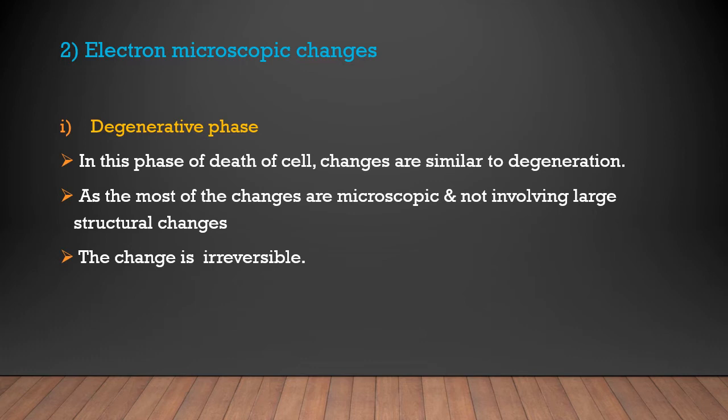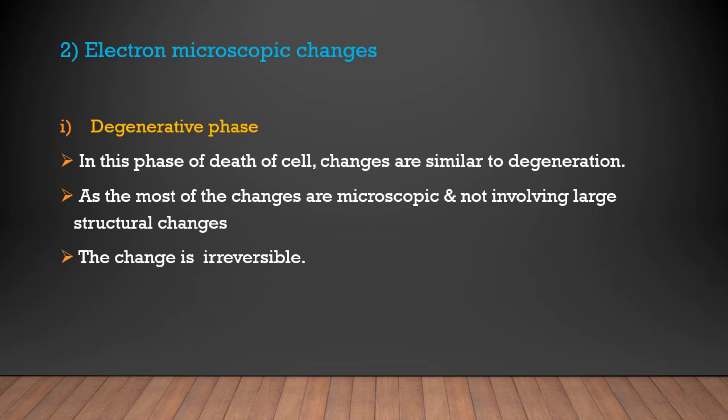Most of the changes in the degenerative phase are microscopic and do not involve large structural changes, and the changes are reversible if treated in time. If not treated in time, the changes become irreversible. So treatment in time is most important in case of necrosis.